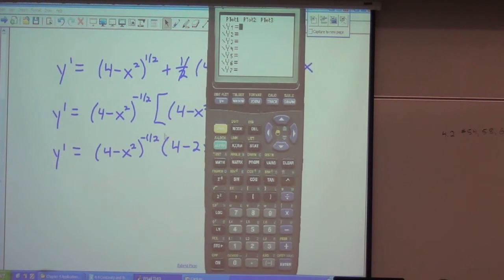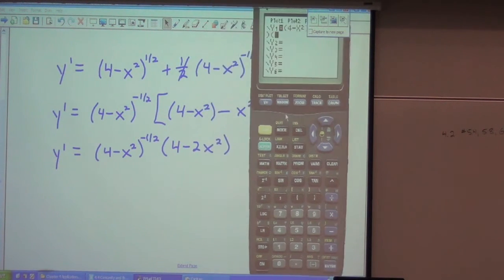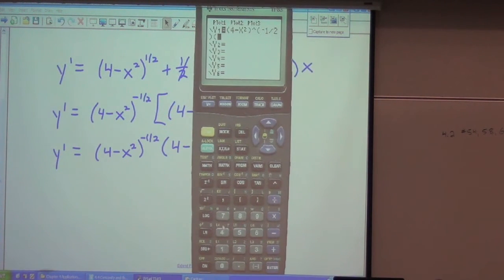Alright, I'm going to come in here and graph this. So I'm going to do (4 minus x squared) raised to the negative half, and then multiply that by (4 minus 2x squared). So the standard graph. Let's see if I can see it.